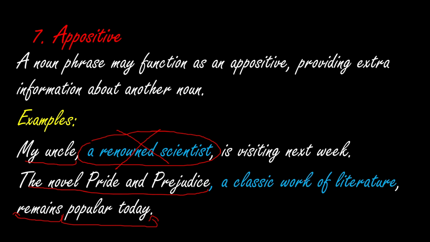A classic work of literature is an appositive and it describes the subject, the novel Pride and Prejudice. So basically, it is just extra information. And most of the time, you will find it between commas. You put it between commas.